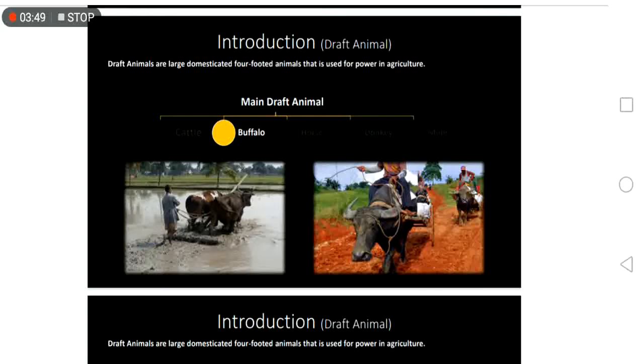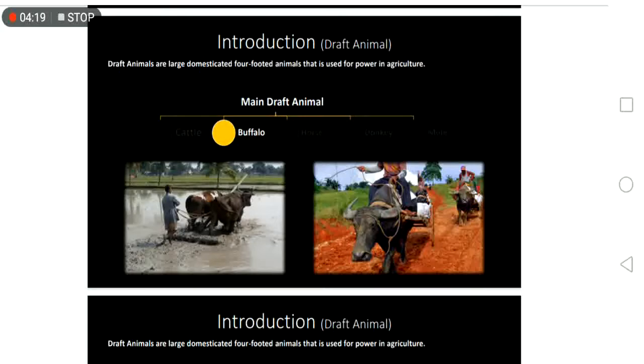So there are many agricultural operations where we can utilize animal power. One of which is during land preparation. As in the picture you can see the land preparation for rice fields. They utilize two carabaos there to pull the implement.